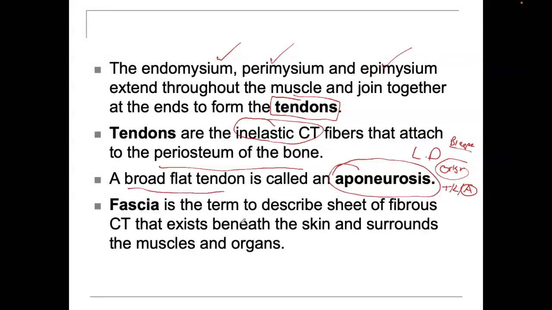Fascia is the term that describes a sheet of fibrous connective tissue that's beneath the skin, and it surrounds all of your muscles, all of your organs, all the blood vessels, all of your nerves. That's called fascia. If you're not a vegetarian and you've eaten chicken, if you've ever peeled the skin off of, let's say, a drumstick, you can see the muscle of the drumstick.